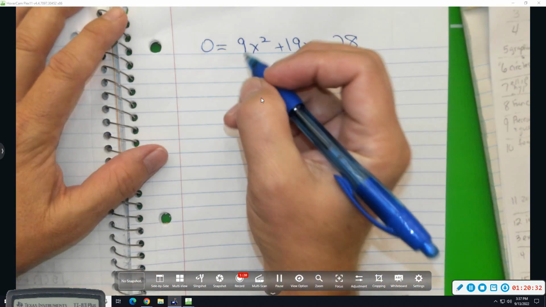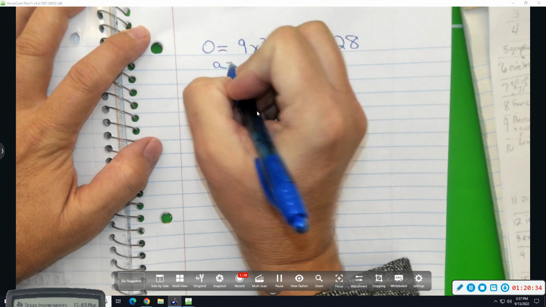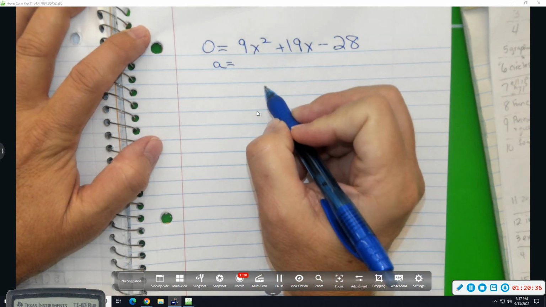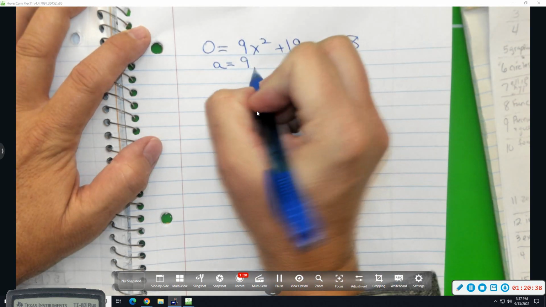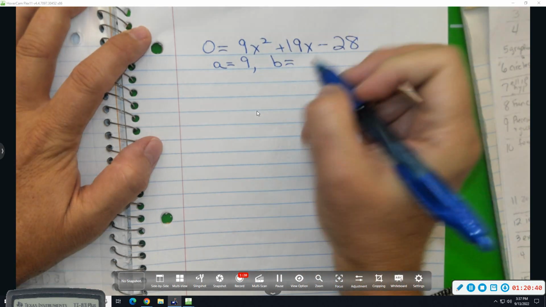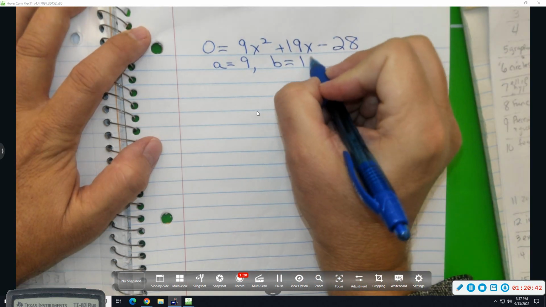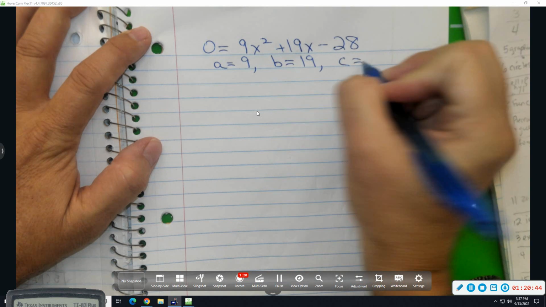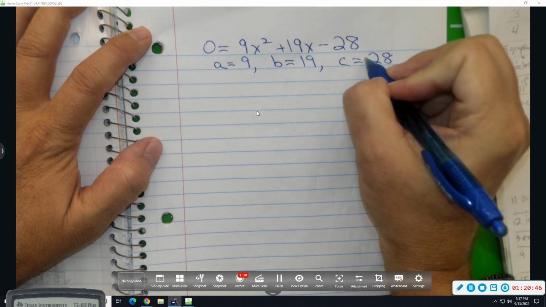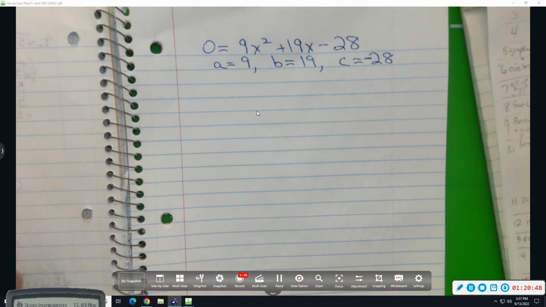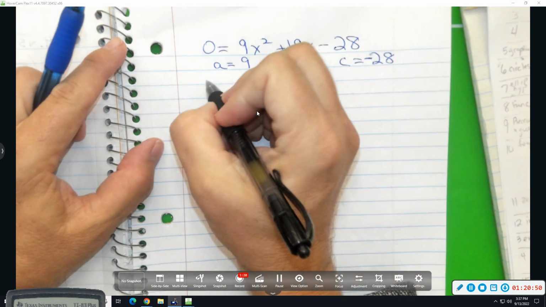Let's identify our a, b, and c. a is equal to 9. b is equal to 19. And c is equal to negative 28. And recall the quadratic formula.